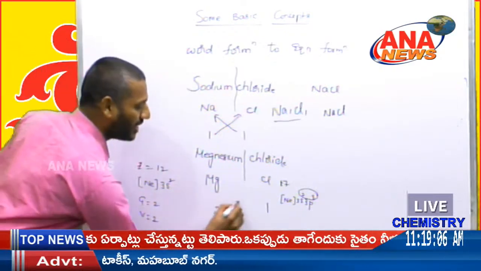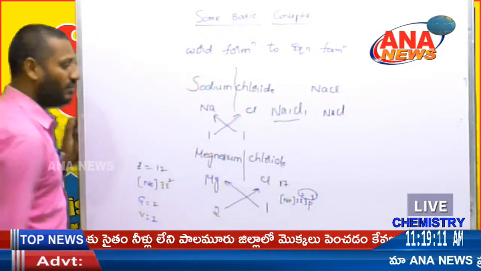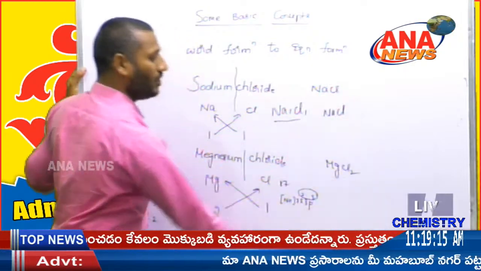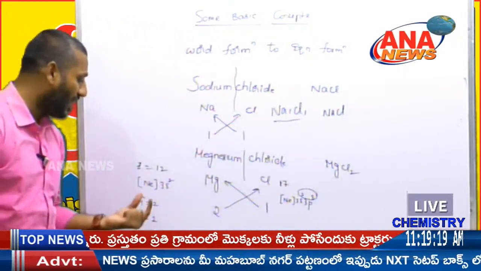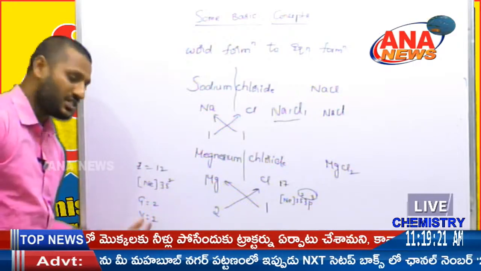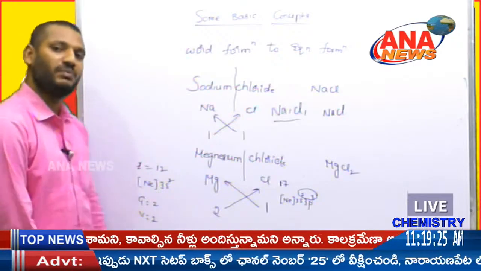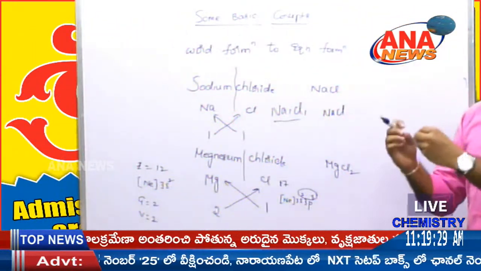That's why we crisscross like this: MgCl2. Magnesium chloride can be written as MgCl2. So the word formation to equation form can be easily found based on valencies, group number and period. These are the basic information, and using this, the remaining concepts can be easily found.